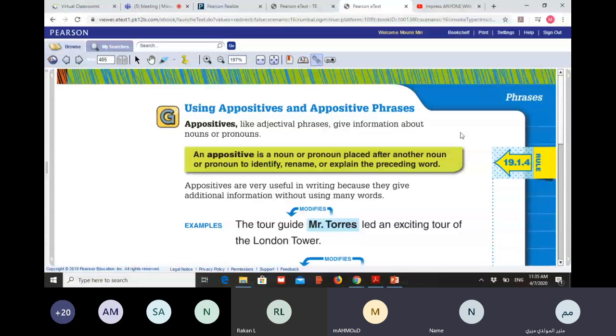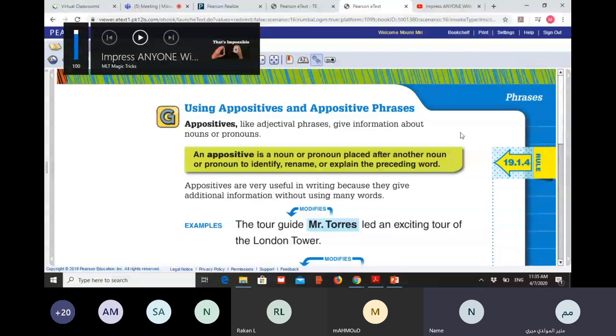Appositives, like adjectival phrases, give information about nouns and pronouns. An appositive is a noun or pronoun placed after another noun or pronoun to identify, rename, or explain the preceding word. Appositives are very useful in writing because they give additional information without using many words.